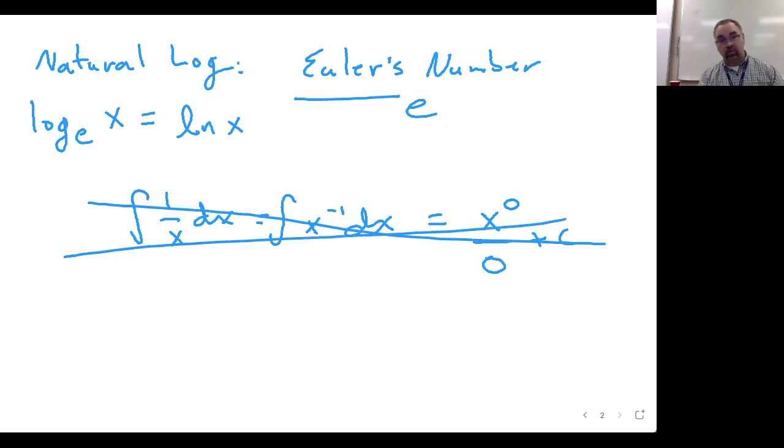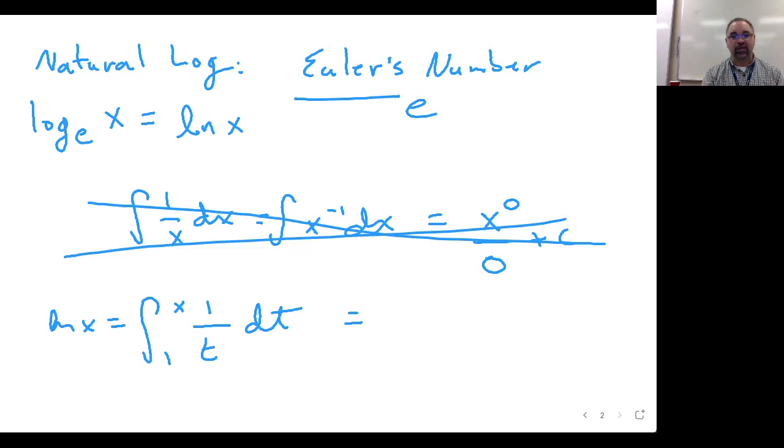So this doesn't work. So what does work? Well, that right there, my friends, is the definition of the natural log of x. The natural log of x is the integral from 1 to x of 1 over t dt. That is natural log of x. That's how we get natural log. Which means if you want to take a derivative of natural log of x, guess what?